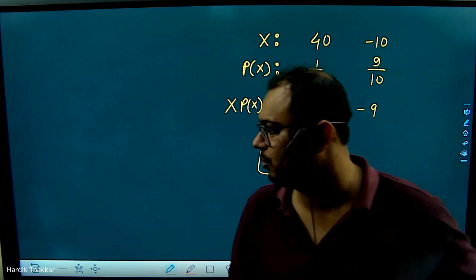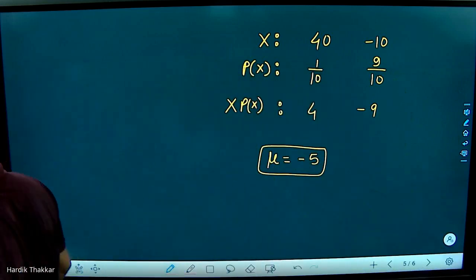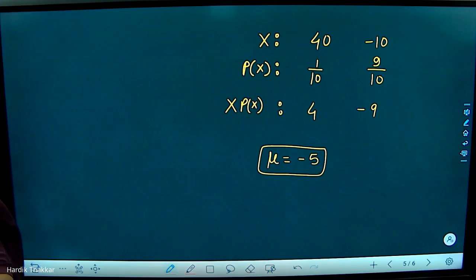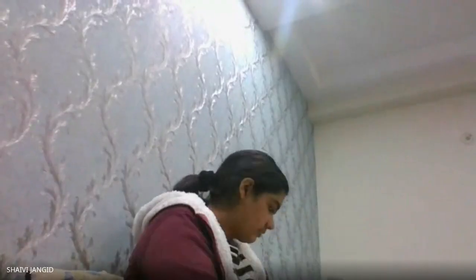Yes, Chevy. So, are you able to solve the third part? You're getting the answer? Yes, sir. Third one done. And the fourth one? So doing that. Okay.